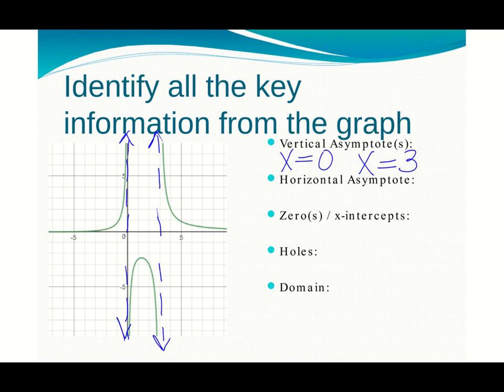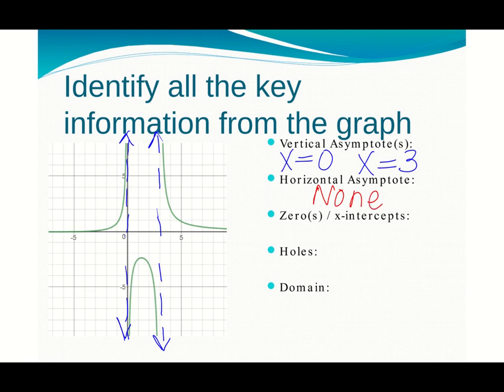But if we look at our horizontal lines, we can see that it's approaching a horizontal line up here, but this graph down here is not. So since not all 3 pieces of our rational function are approaching one horizontal line, we have no horizontal asymptotes. So what is our horizontal asymptote? We have none.